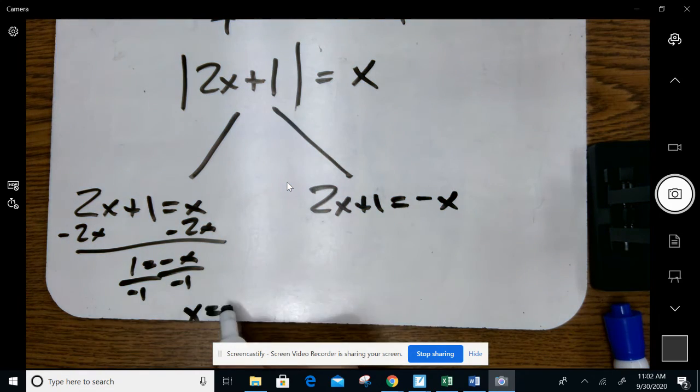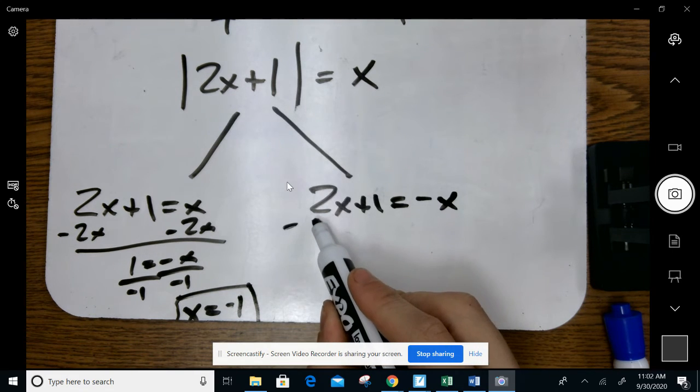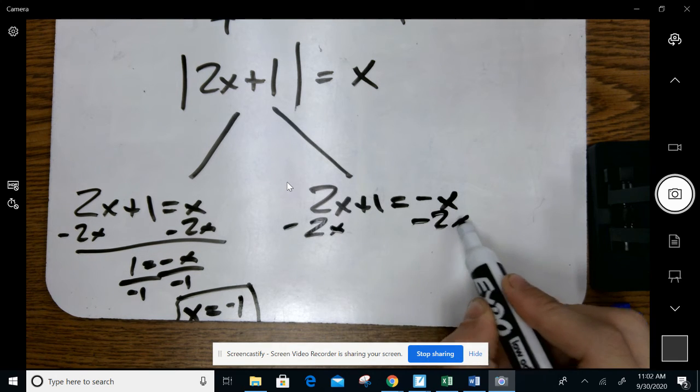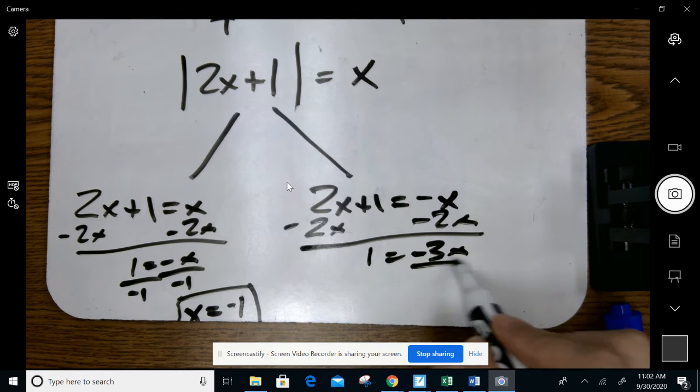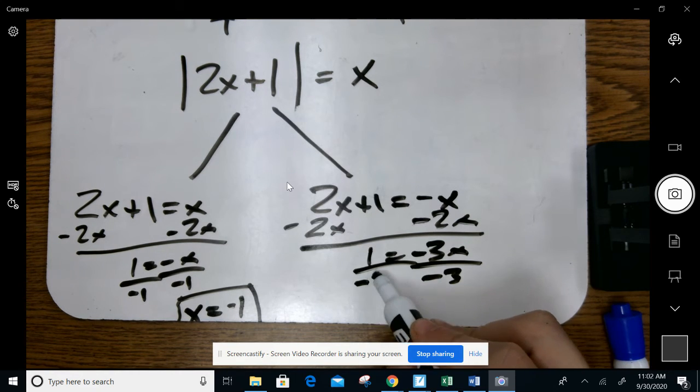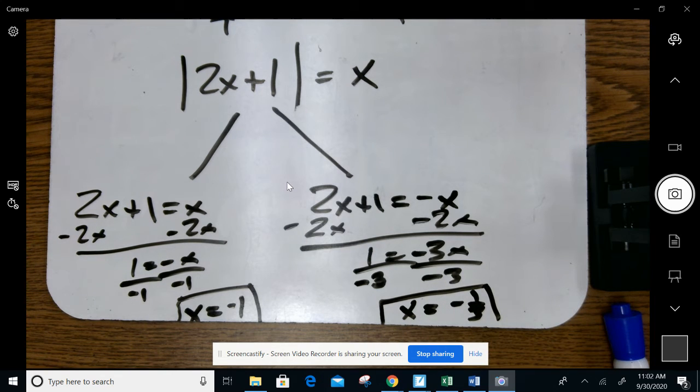And you get x is negative 1, so that is a possible answer. Minus 2x, 1 equals negative 3x, divided by negative 3, divided by negative 3, so x is negative 1/3. So those are 2 possible answers.